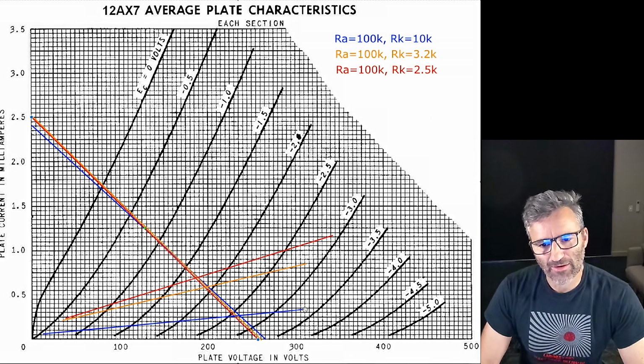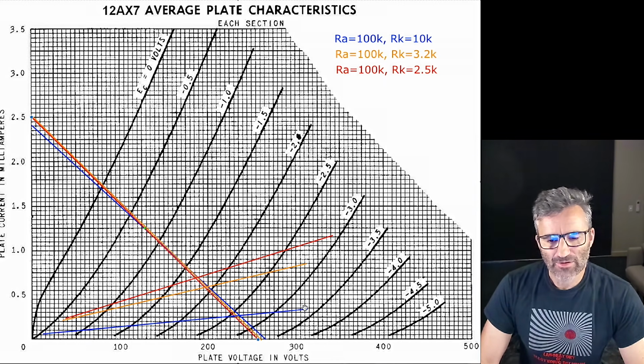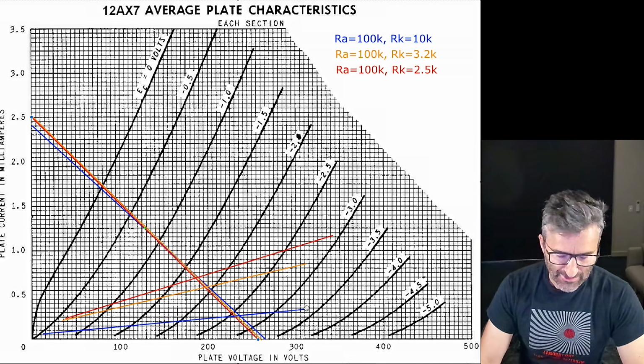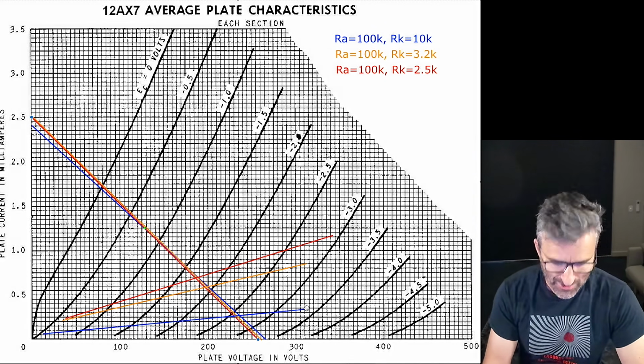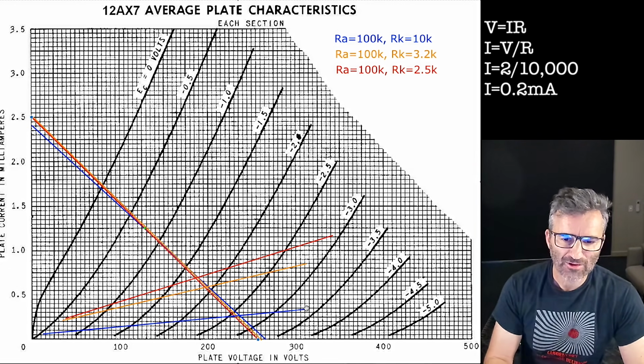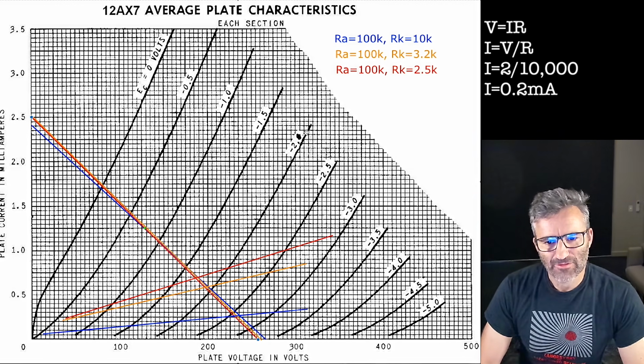So before we talk about the characteristics of the gain, let's just touch on how we draw these cathode lines, right? So the way to do it is pretty simple. You've got to think of Ohm's law again, right? So if V equals IR, then you can rearrange that equation to I equals V over R, or current equals voltage over resistance. And let's think of it this way. The voltage on the grid at the cathode is 2 volts, right?